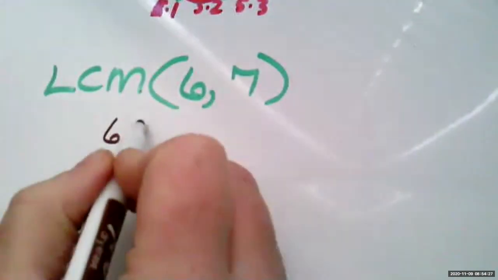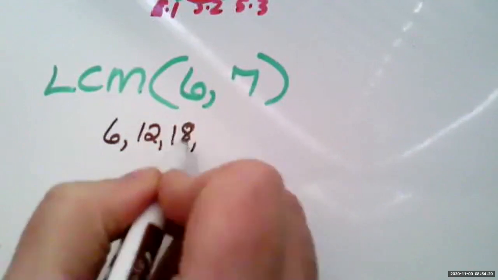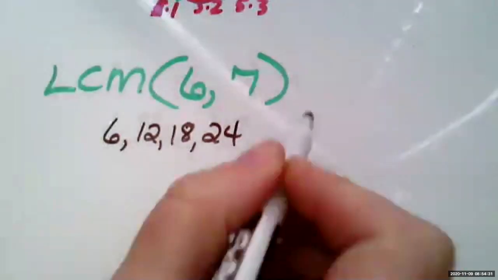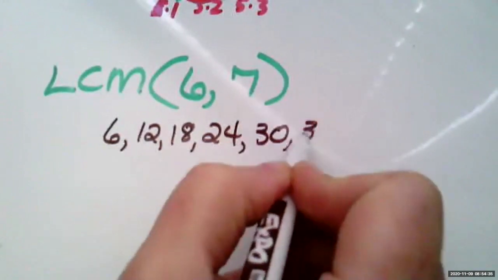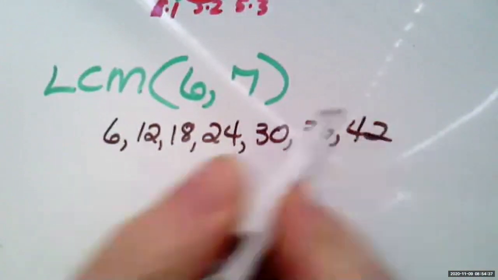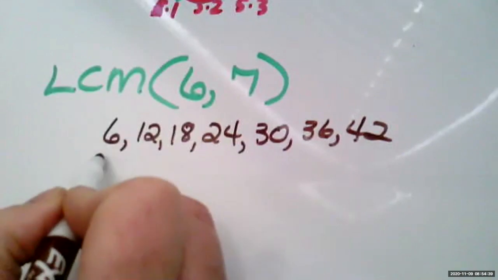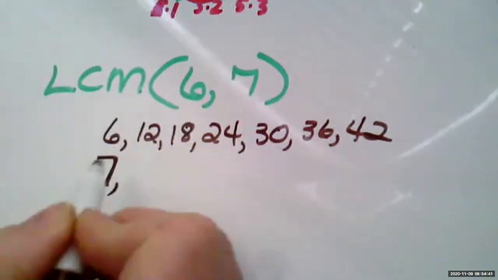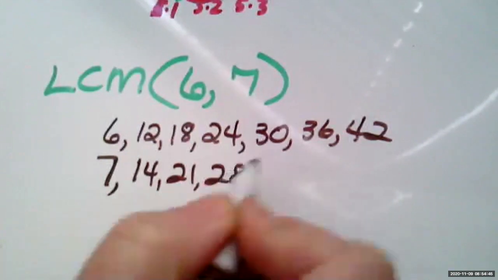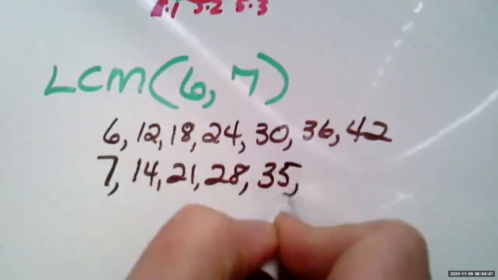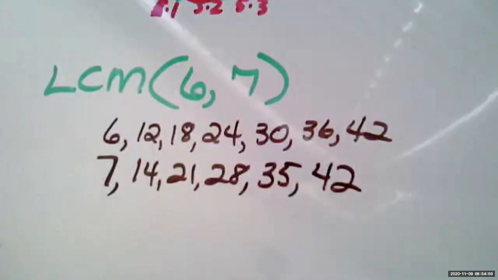All right. Multiples of 6 include 6, 12, 18, 24, 30, 36, and 42. Multiples of 7: 7, 14, 21, 28, 35, and 42.